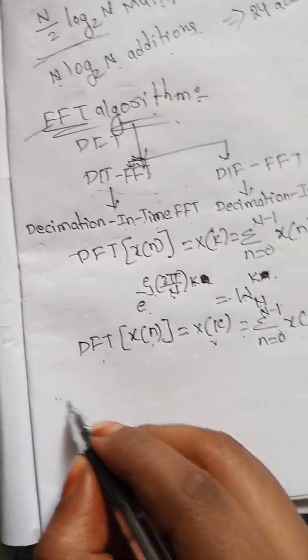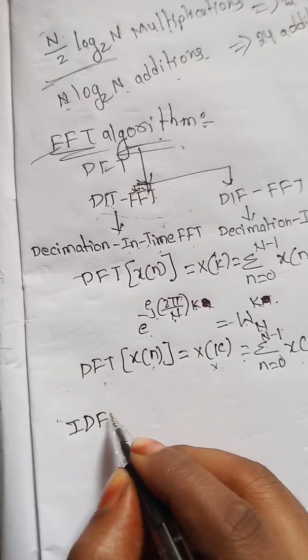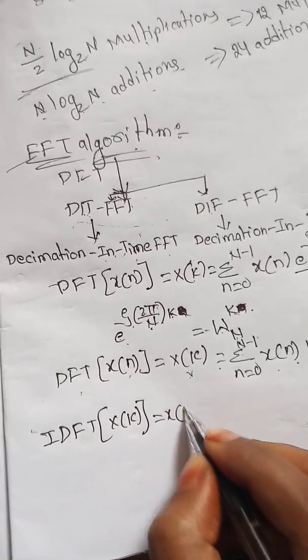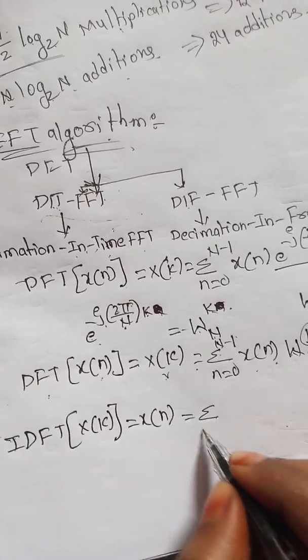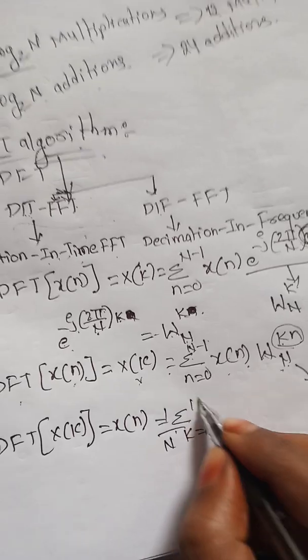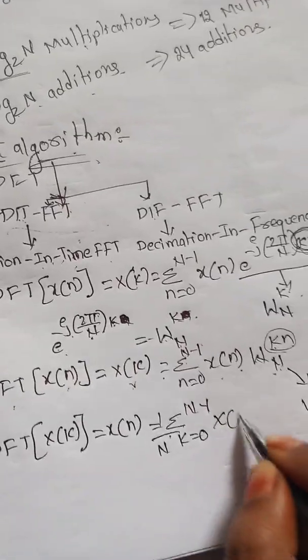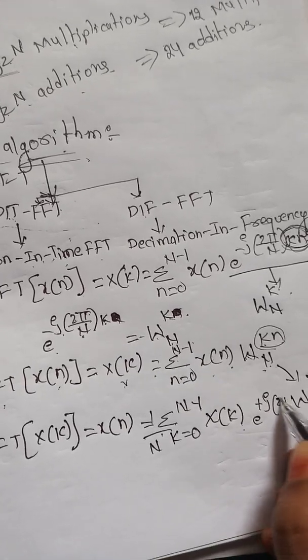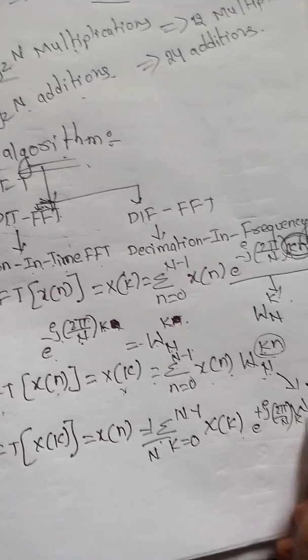Likewise, for the inverse DFT sequence, X of k to x of n is equal to 1 by N sigma k equal to 0 to N minus 1 X of k e power plus j 2 pi by N into kn.